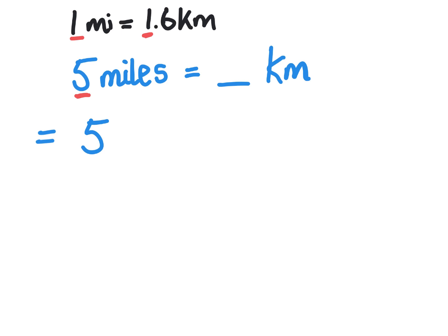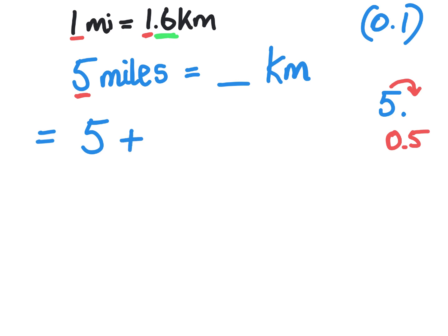Now all we're left to do is figure out what is 5 multiplied by 0.6. So we work out what 0.1 is by dividing it by 10, and we know how to do that. So if you think about your 5 and your decimal point being there, and we move the 5 one place to the right, it becomes 0.5. So that's 1/10 of it. So we need 6/10 of it.